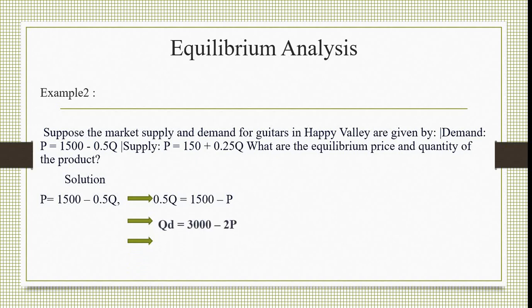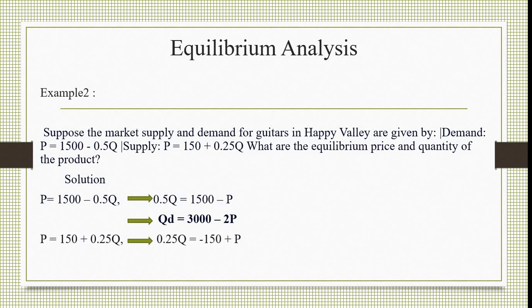With the first one, the demand equation, we sent the negative 0.5Q to the left hand side and brought the P to the right hand side. So you're trying to make Q the subject. Making Q the subject, you multiply by 2, and you're going to have 3000 minus 2p as the demand equation.